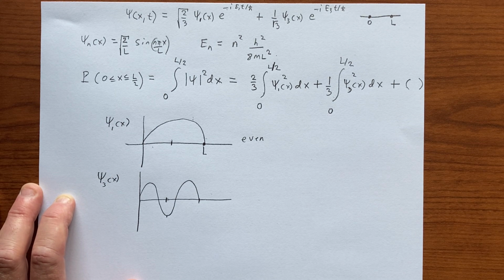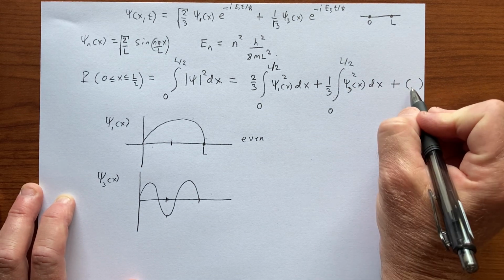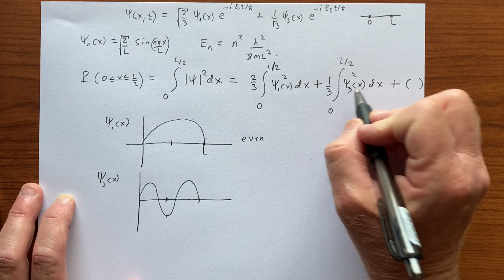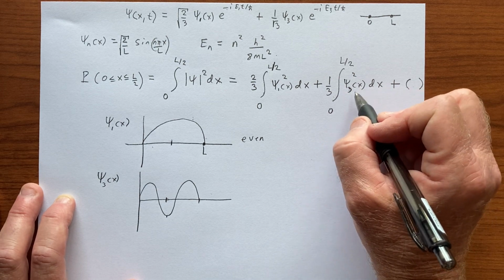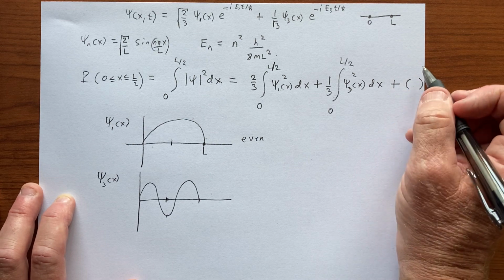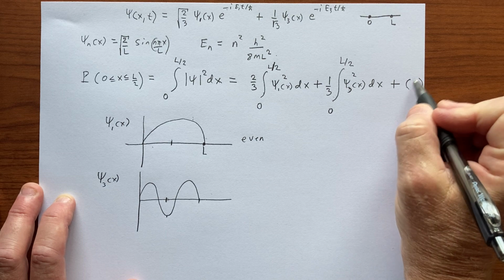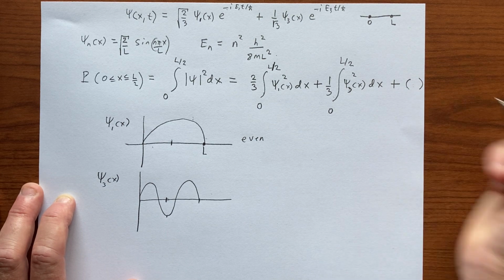So the time-dependent part has to go to 0, and it's not obvious mathematically that it does. We would be integrating psi 1 and psi 3. Of course, those are orthonormal functions, but we're not integrating from 0 to L, but from 0 to L over 2, so it's not immediately obvious that these two extra terms, the cross terms, go to 0.